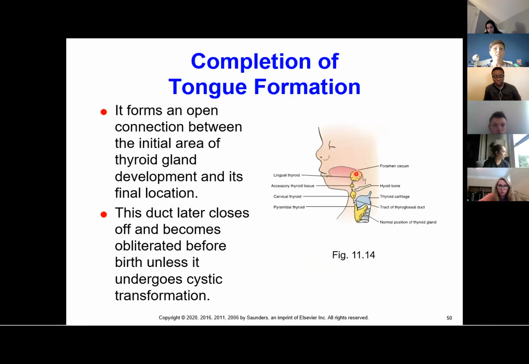And then as you develop, it goes past the hyoid bone, and then it turns into a cervical thyroid until it ends up being that nice normal positioning of the thyroid, and it turns into that pyramidal thyroid. Any questions about this? No?